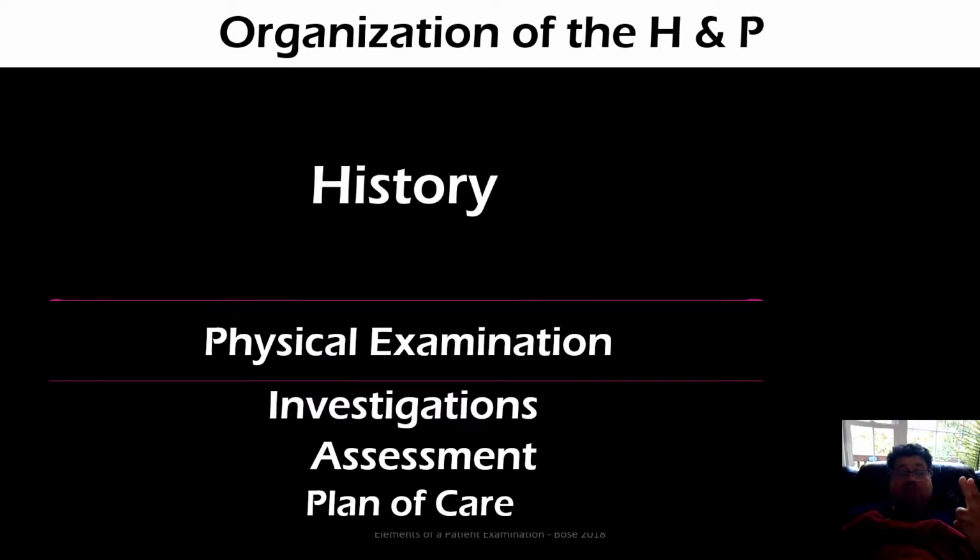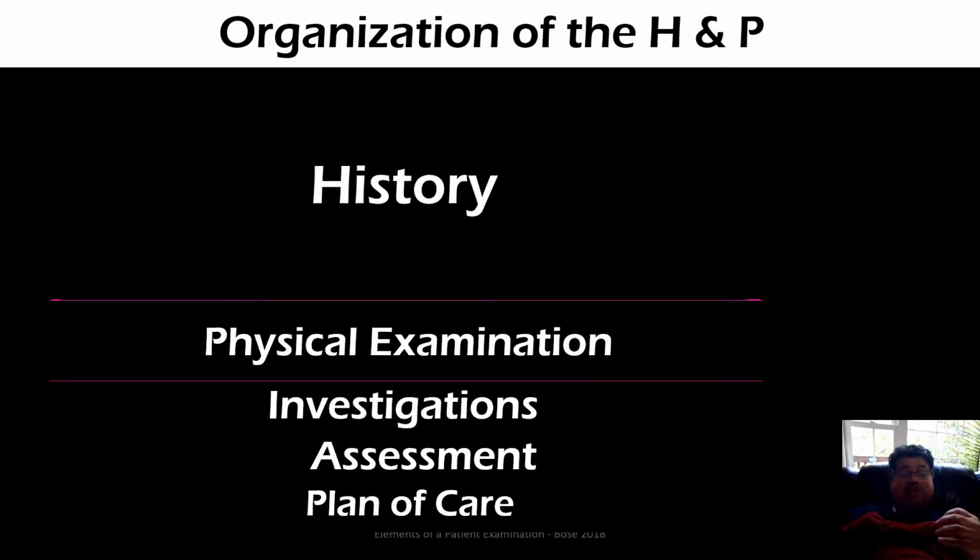Number three is investigations. What are the investigations that have been done? These investigations can be imaging investigations, or they might be other investigations such as lab work, laboratory studies. And then finally, you have the assessment.